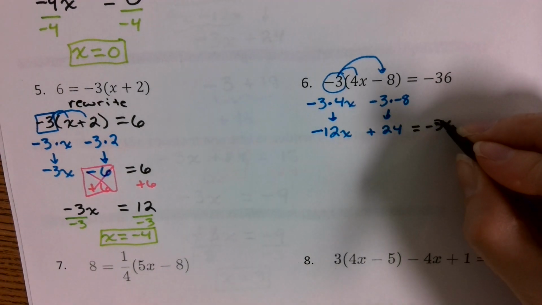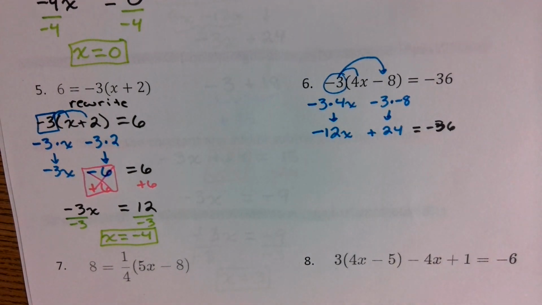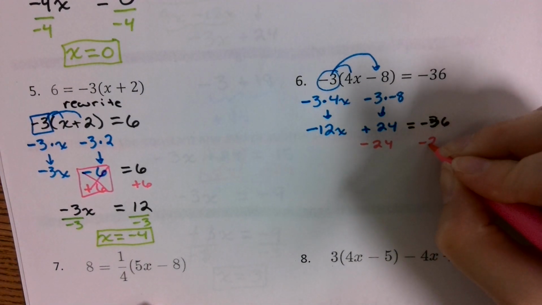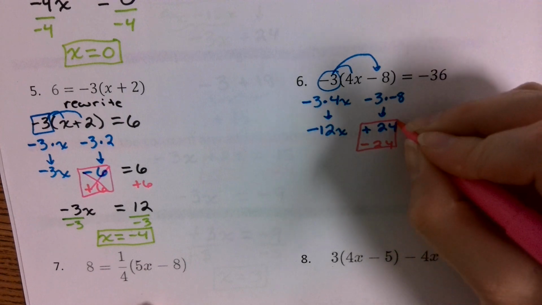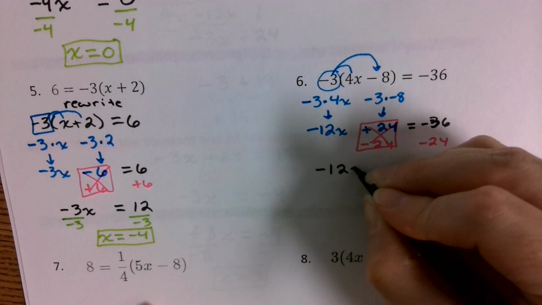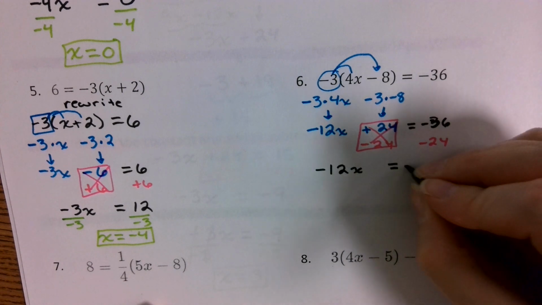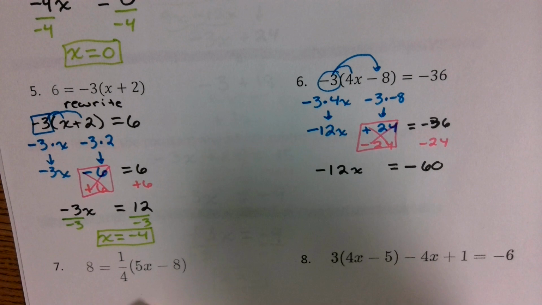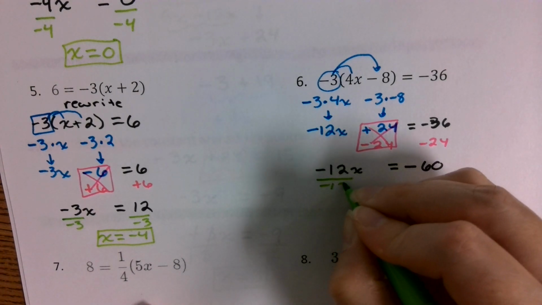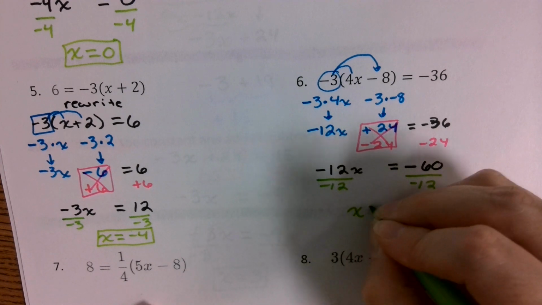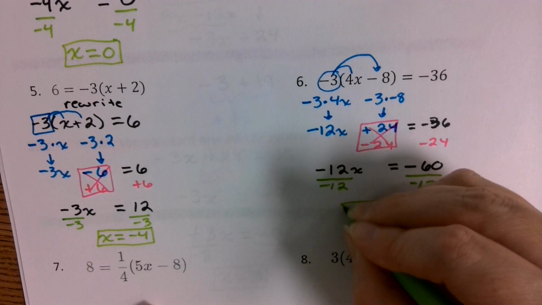I do not have any like terms to combine, so I'm just going to start solving. I'm going to subtract 24 from both sides first to create that 0 pair. That leaves me with negative 12x is now equal to a negative 60. And then I'm going to divide both sides by the negative 12 so I can create a positive coefficient. And that will be x is equal to 5.